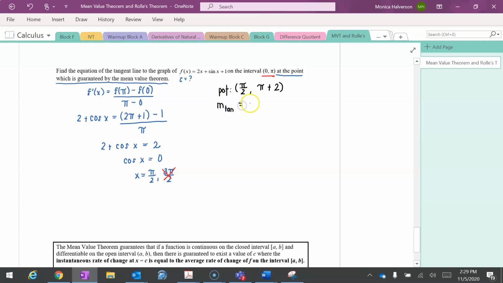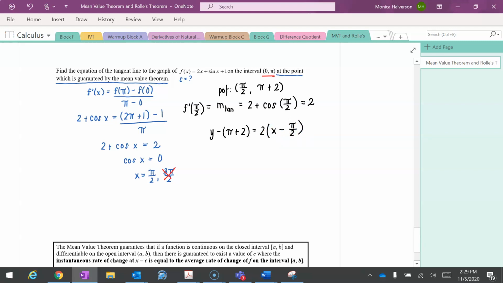We use our first derivative, 2 plus cosine x, but our x value is pi over 2, so we're going to get 2. And so our equation will be y minus (pi plus 2) is equal to 2 times (x minus pi over 2). And that would be your answer.